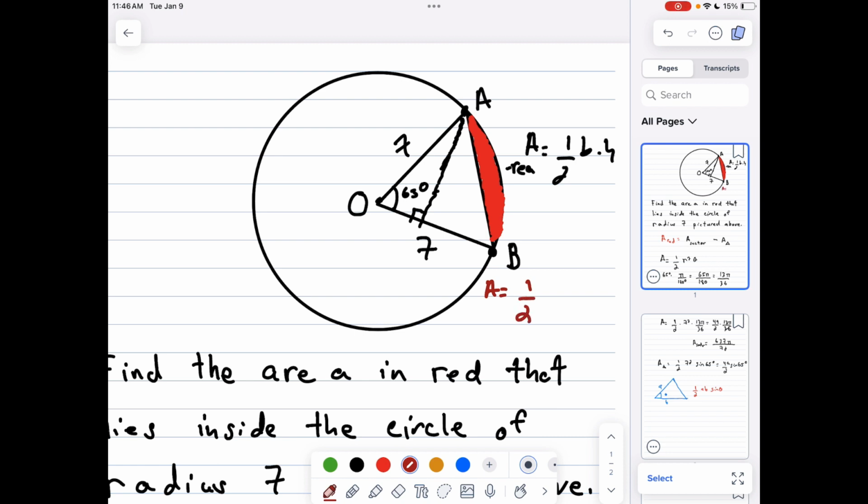So it would be 1/2 times the base of my triangle. If I take OB to be the base, that'd be 7. And then the height, well, what's the height? You could figure that out with trig.